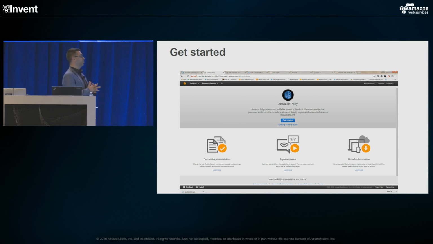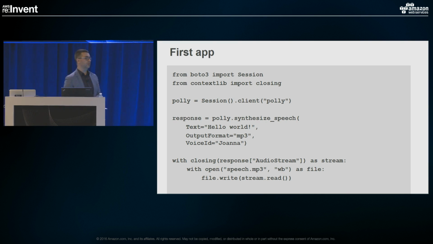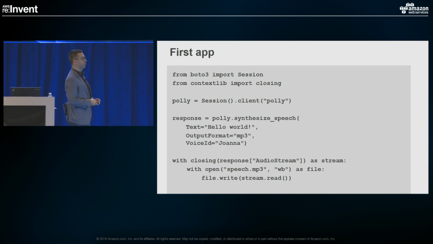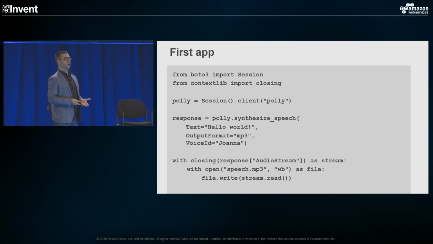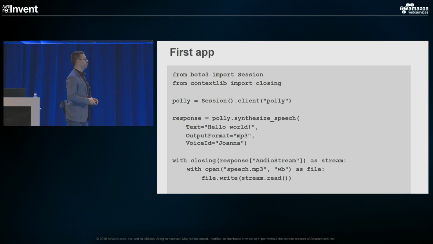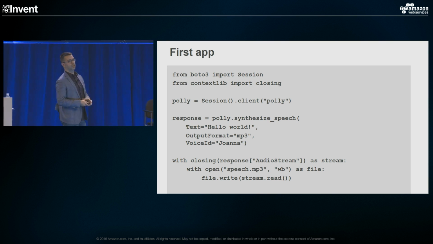I will switch back to the presentation, because I also would like to show you how to make the integration in your program, in your application. That's pretty easy. As you can see, it requires just a few lines of code. And honestly, just this part, polly.synthesize_speech, is the part which is really the request to the Polly service.